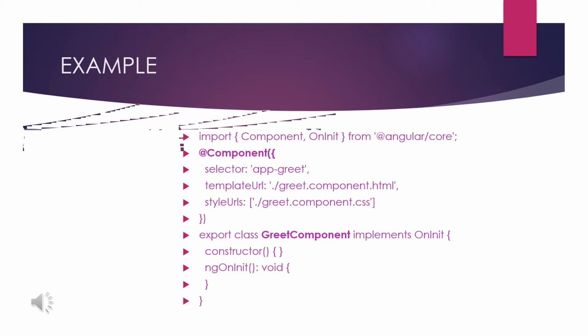And templateUrl: we can use an external template or even an inline template. Inline template means you can directly give the code which you want to execute inside the HTML file directly in the template. If you are writing these things in a separate HTML file, then you can use the templateUrl. And styleUrls will have the CSS files needed, within a square bracket. Below that we have an export class.